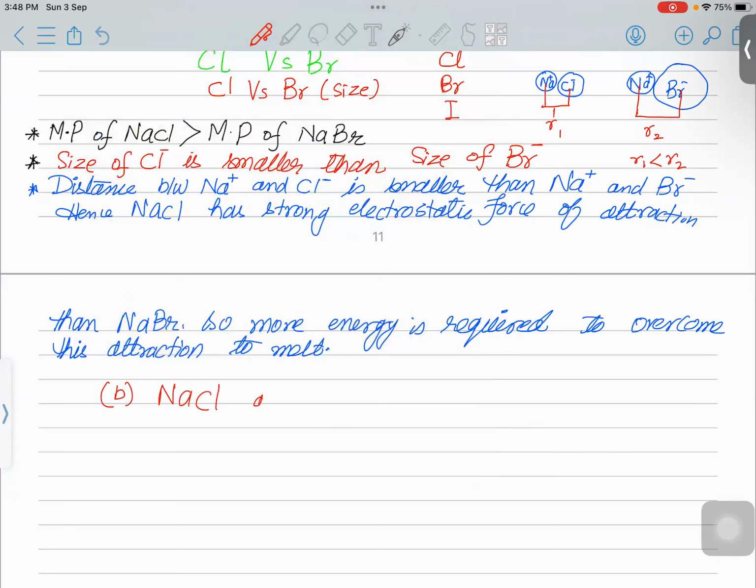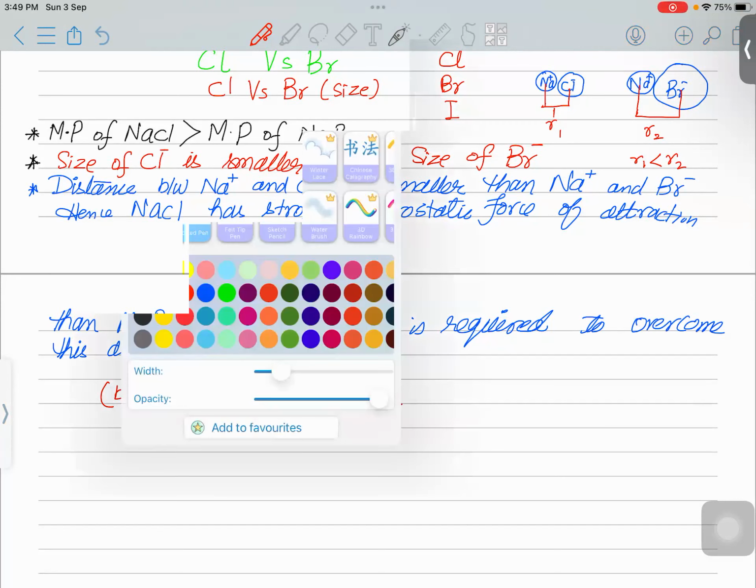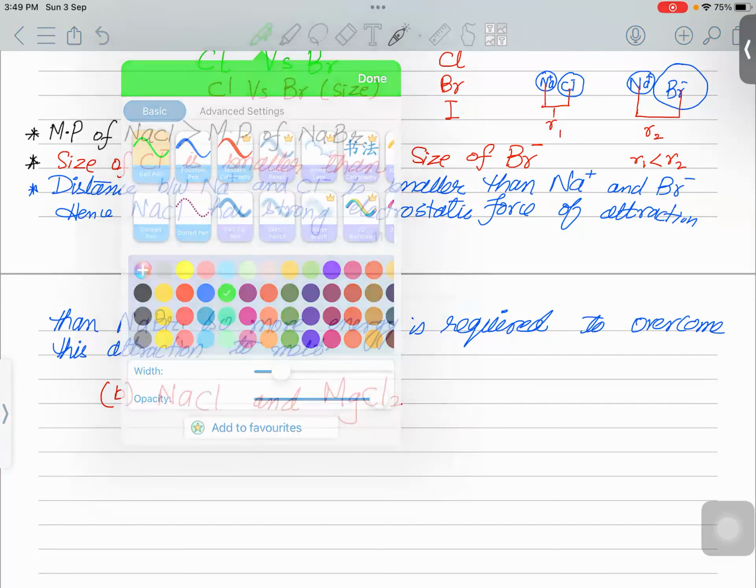Now question number 2. NaCl and MgCl2. Now tell me which factor is cancelled out. Which element is cancelled out? Chlorine, yes.